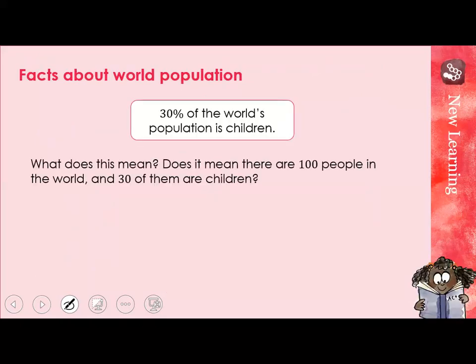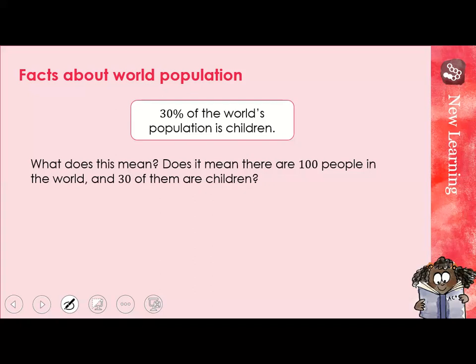We are going to have a think now about percentages. In your life, when you read the news or when you watch sports or when we are doing lessons in school, you might hear people talk about percentages. And you might hear something like this: 30% of the world's population is children. So what does that mean?